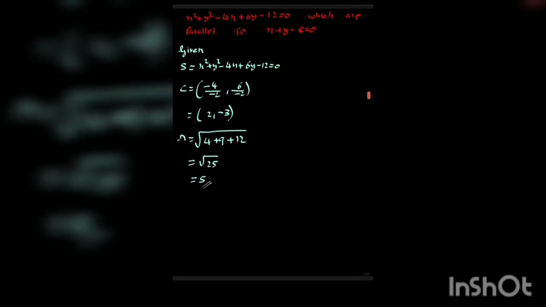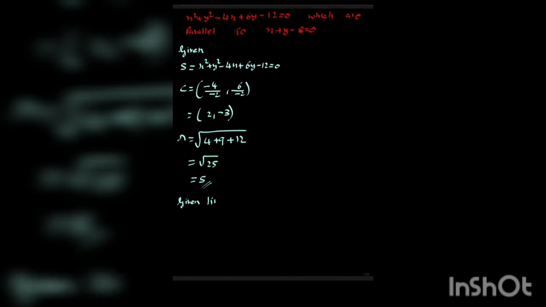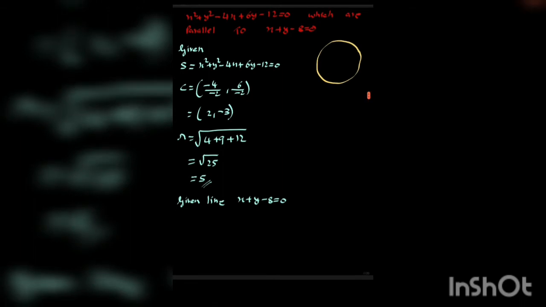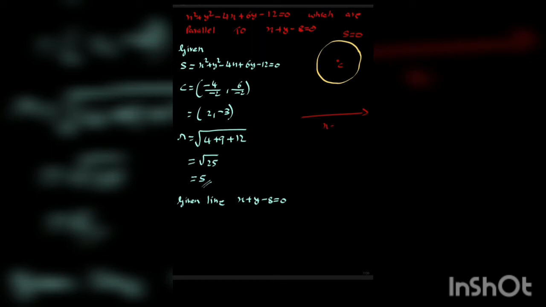And also given line. So what is given line? X plus y minus 8 equal to 0. So consider a circle. Let this be center C and circle S is equal to 0, and also in the question a line is given. So what is the line? X plus y minus 8 is equal to 0.